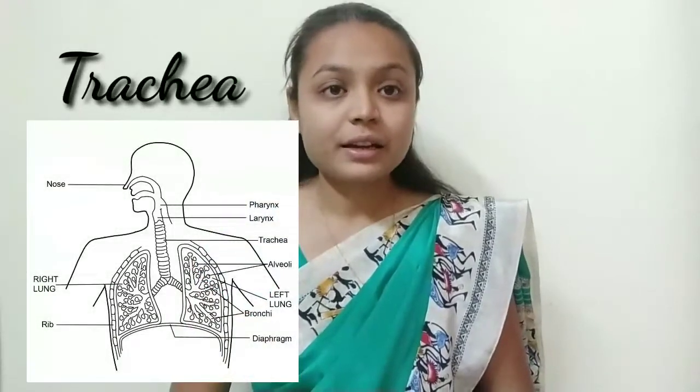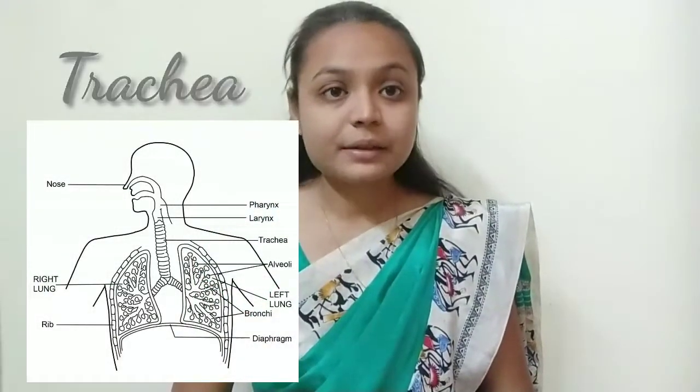After larynx, the next organ which is involved in respiratory system is trachea. Trachea or windpipe is the passage which comes from the larynx and it passes from the throat portion up to the neck. Trachea is a short passage in the neck portion, and further it divides into two main branches.